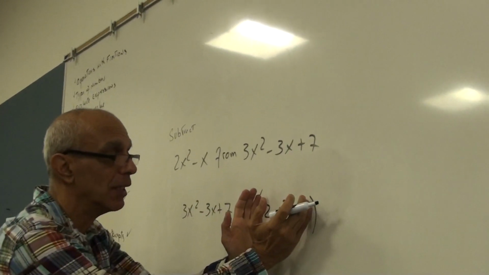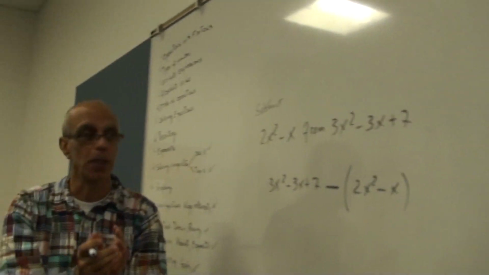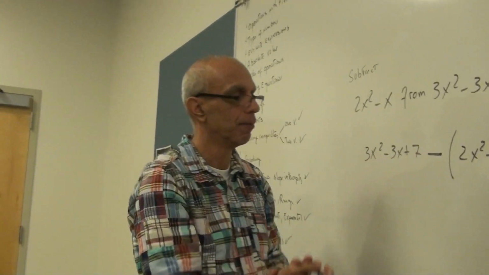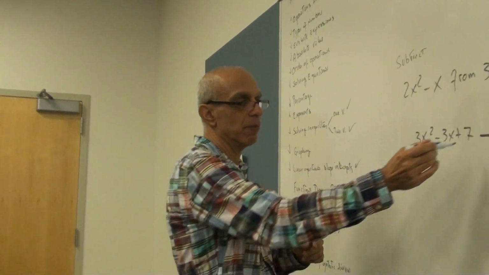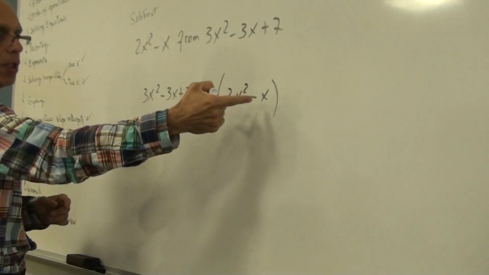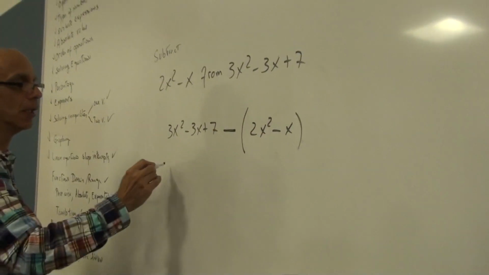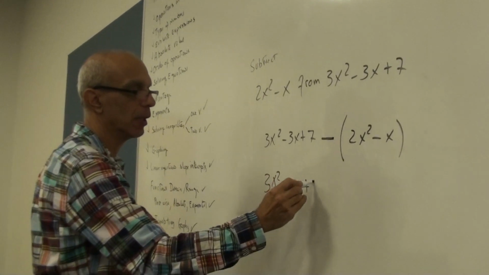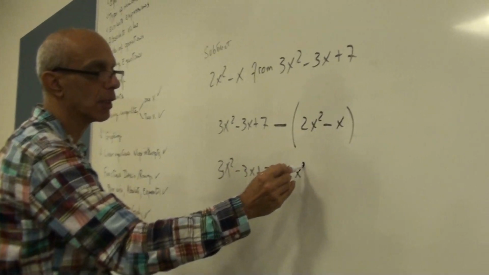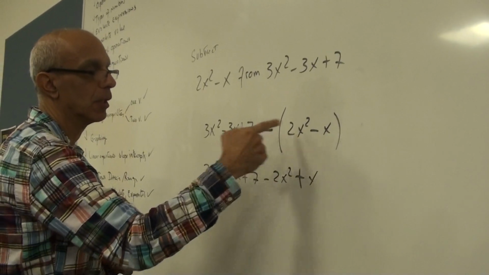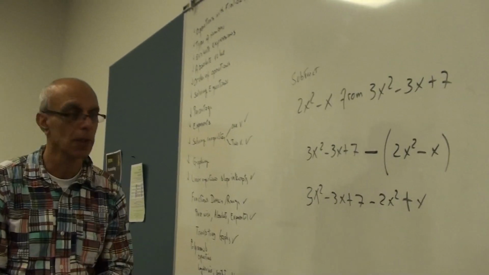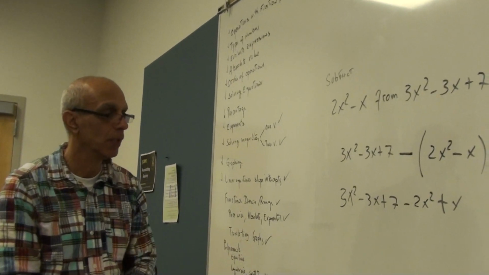This represents a quantity, this represents one number. You cannot do that without putting the parentheses. Now, you're going to have to distribute this negative here, and you're going to change the signs there. So you're going to have 3x squared minus 3x plus 7 minus 2x squared plus x, because now this one changed the sign. Now you combine the like terms, okay? And that would be your final answer.